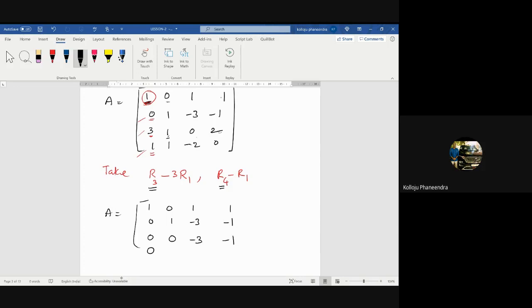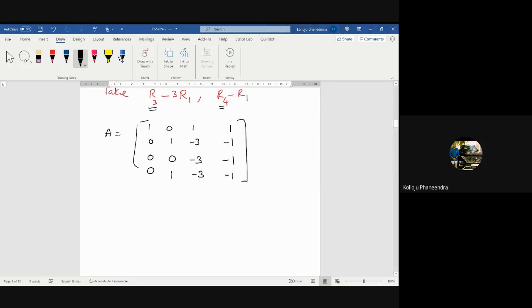Coming to the fourth row: R4 minus R1. 1 minus 0 is 1. Minus 2 minus 1 is minus 3. 0 minus 1 is minus 1. This is over. The main point is that you can apply the procedure as usual.